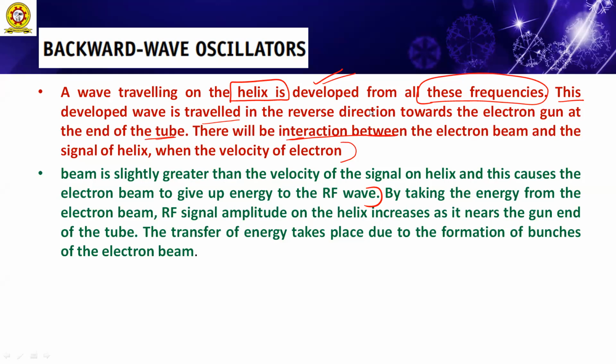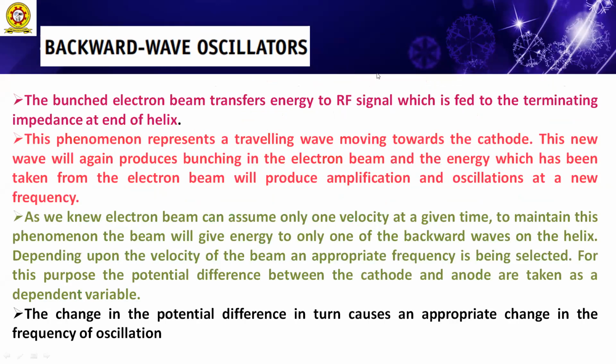BWO also accepts this electron beam, and this electron beam formation further yields the electron bunching process. This electron bunching process results in more amplification of the signal at the end of the tube. Therefore, the amplification process can be done in this backward wave oscillator.